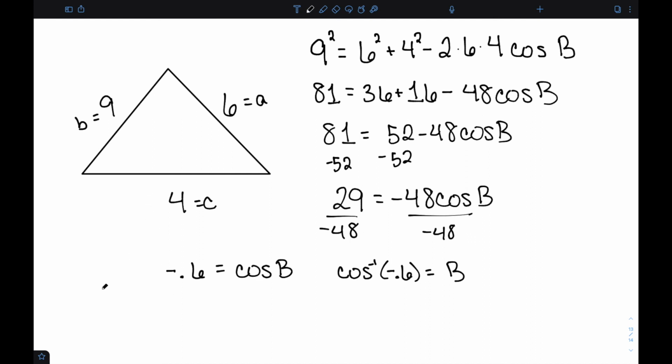When we do that, we get that angle B is about 127 degrees. So this triangle is definitely not drawn to scale.